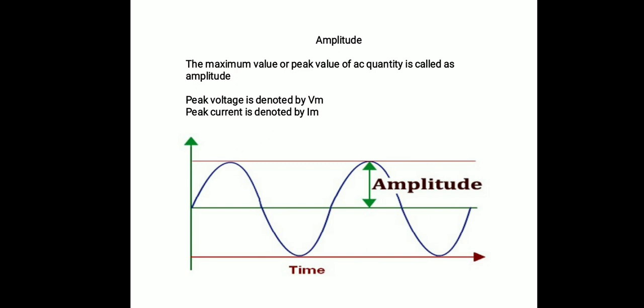So what is basically amplitude? Amplitude is the measurement between the reference axis and the positive peak node, or between the reference axis and the negative peak. That magnitude is nothing but the amplitude.